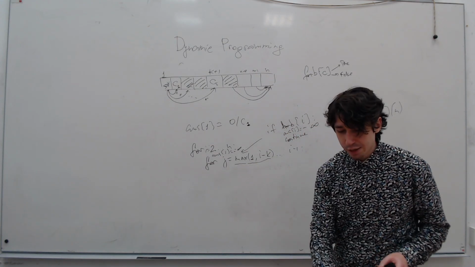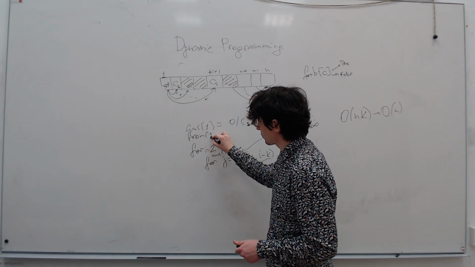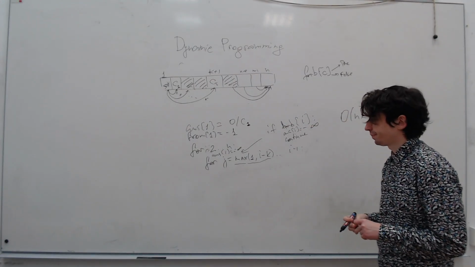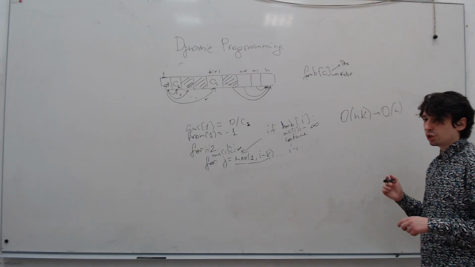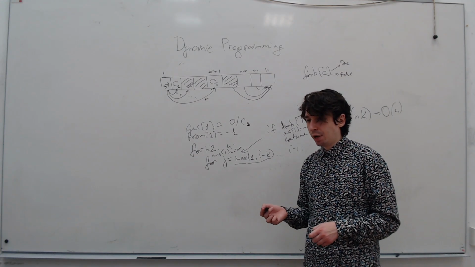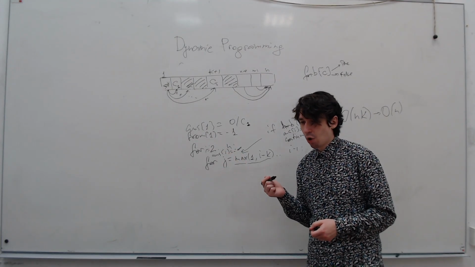You just create a new array, and for each cell you remember the previous cell from which you jumped onto it.